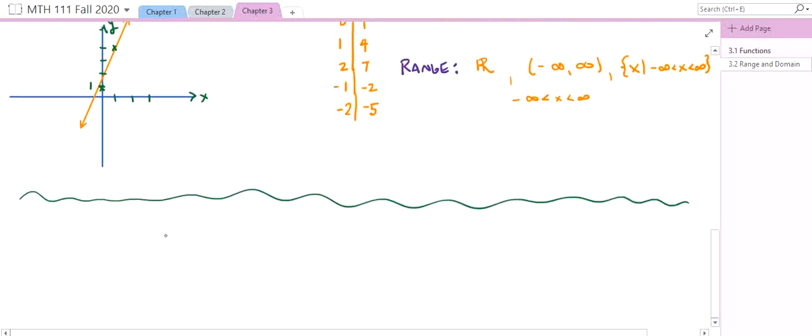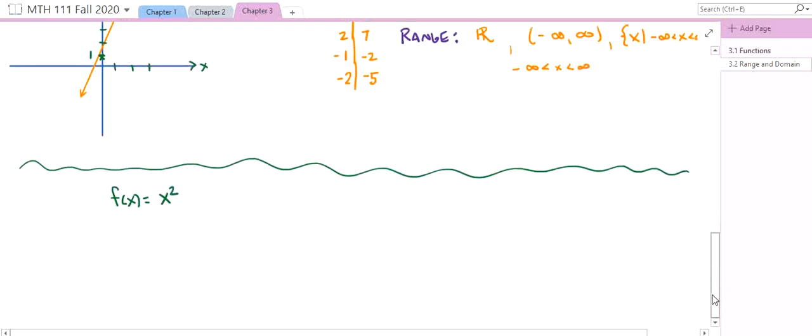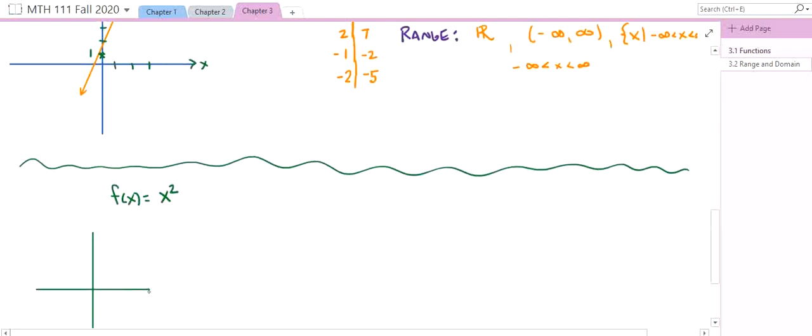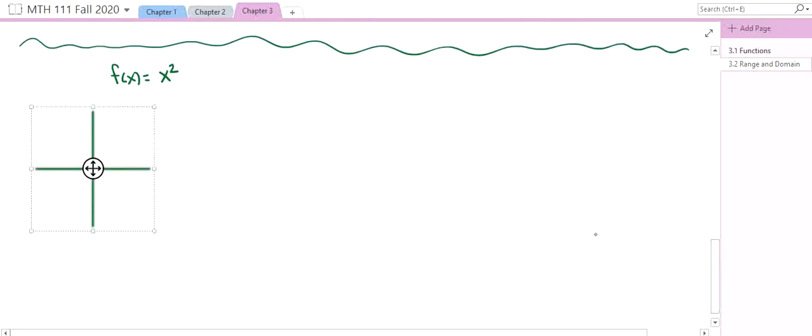Polynomials. Suppose I have, let's look at a simple one, f of x equals x squared. So we've seen that before. If I were to plot that, we've got x, y.